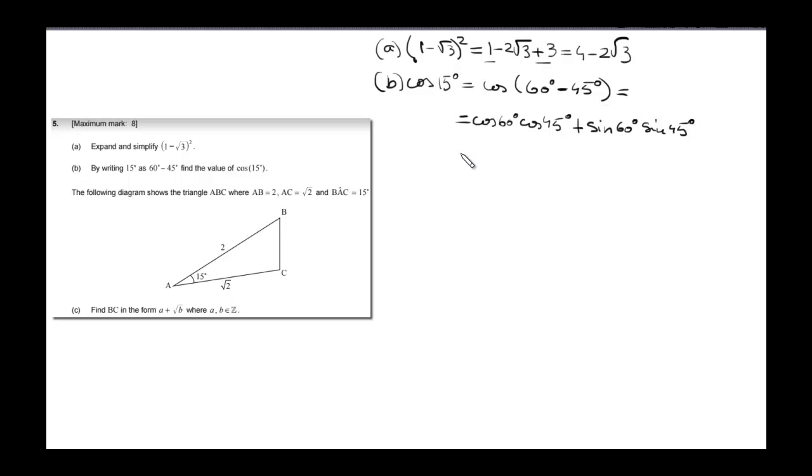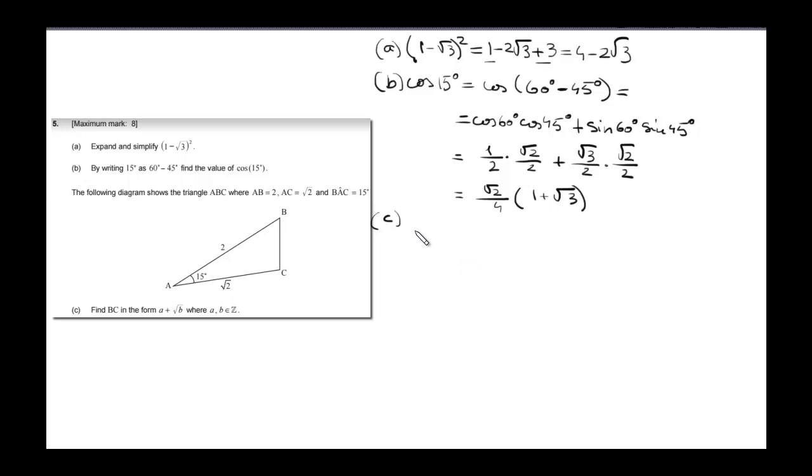And remember, the cosine of 60 degrees is 1 over 2 times cos 45, square root 2 over 2, plus sine 60 degrees, square root 3 over 2, times sine 45 degrees, square root 2 over 2. Common factor: square root 2 over 4 into 1 plus square root 3.